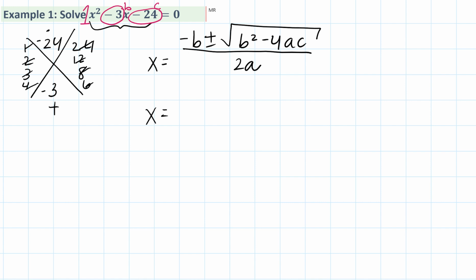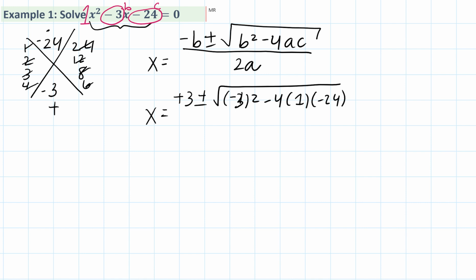-b means use the opposite sign of what b is. So my b is -3. That means I'm going to use the opposite sign, or make 3 positive here. Plus or minus the square root of b squared minus 4 times a, that's 1, times c, -24, all over 2a, meaning this 3 is also over 2a. Okay, so x equals 3 plus or minus.